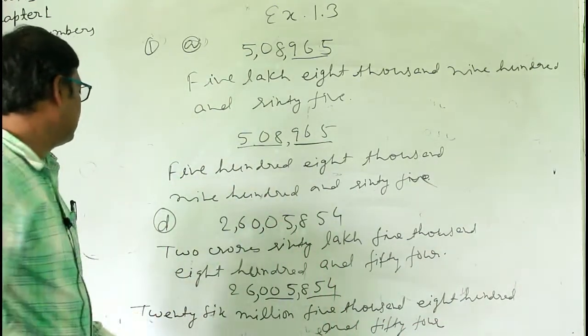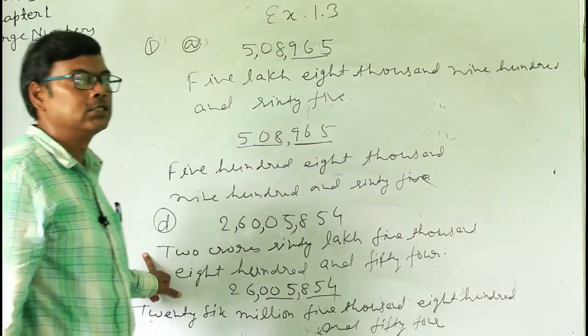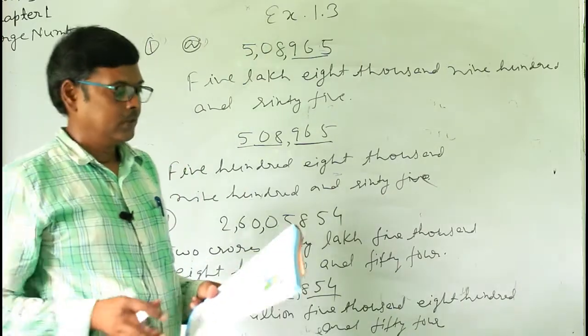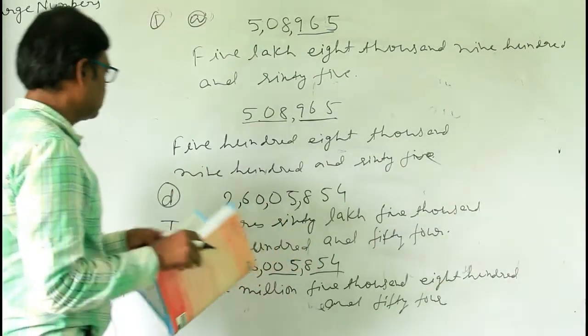So this is the name in the international system of numeration, and this is the name in the Indian system of numeration. Okay, so this is the answer of this.